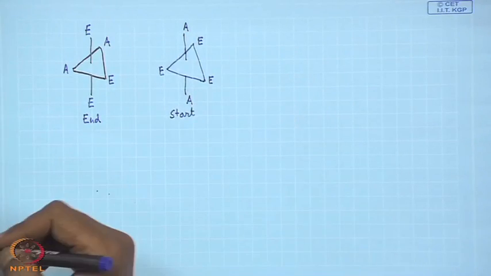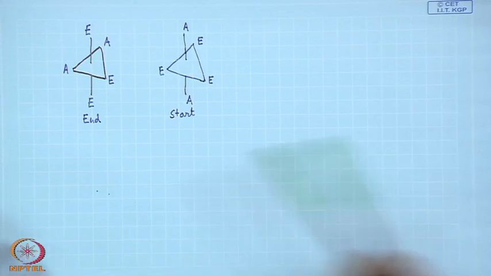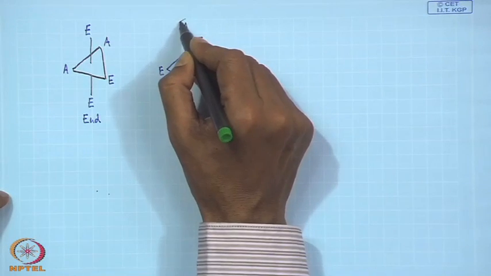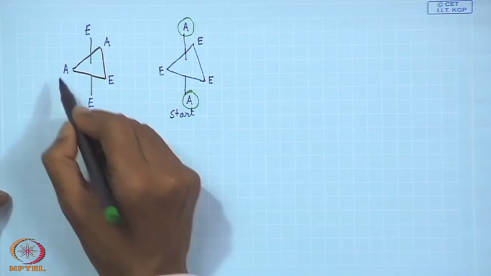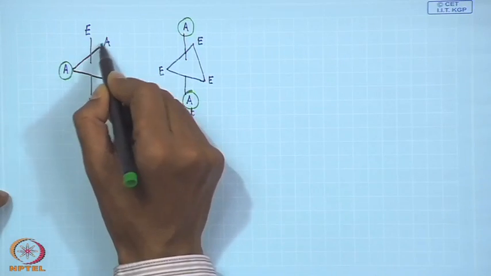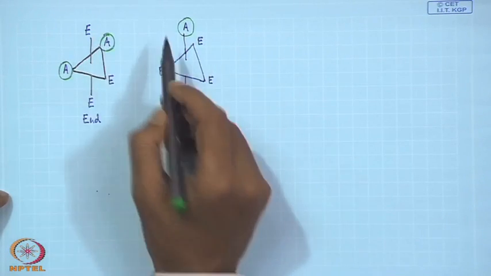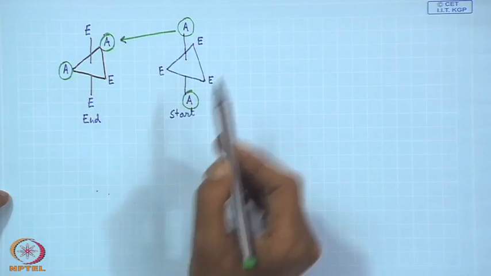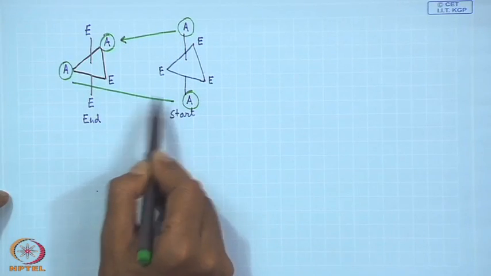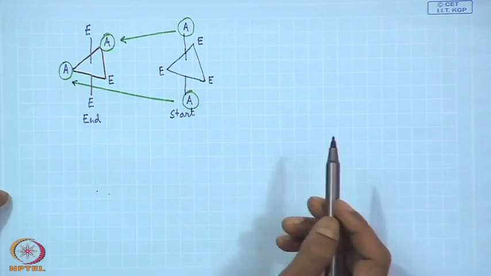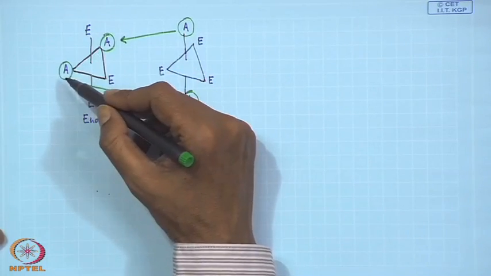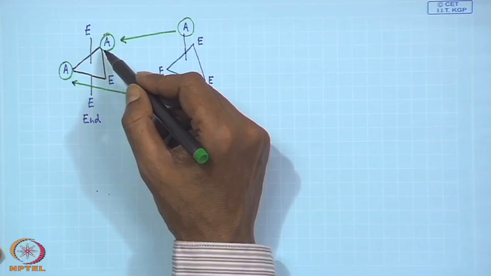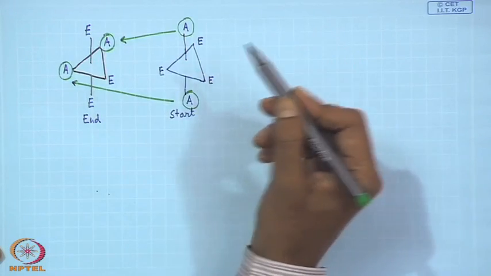So, these two axial groups which were present in the axial direction of the molecule will now go to the equatorial sides. These two A groups are moving from here to here, and this is moving from here to here. So, axial groups have changed their positions to the new positions where they are occupying the equatorial positions.